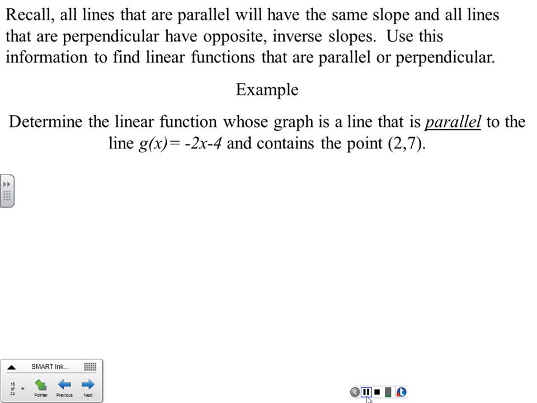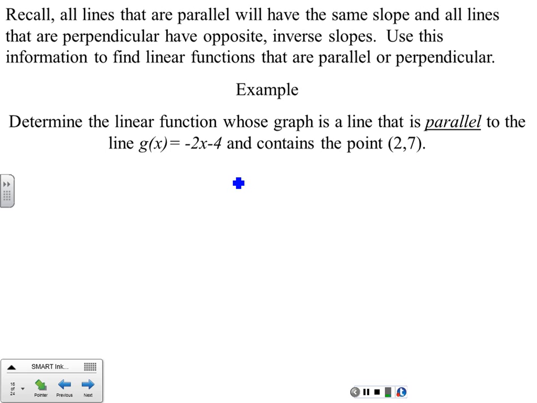So let's stop and let's think. I'm asking you to write a linear function. What's the first thing you've got to know? Slope. Okay? So I'm asking you to find a linear function that is parallel to this one. Can you tell me the slope? Negative 2 over 1. So you already know the slope.